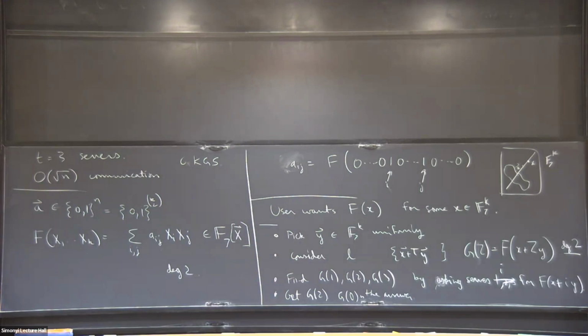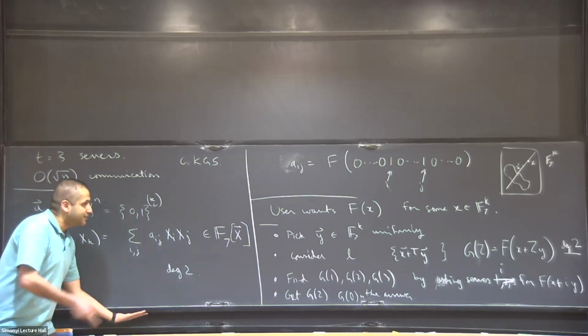Okay, so this is the first PIR scheme that we saw. CKGS themselves actually had a better scheme, and it was a bit more explicit, but later Woodruff and Yekhanin gave another scheme achieving the same parameters with a very nice geometric interpretation. So it will be a small variation of this, which we will see now.